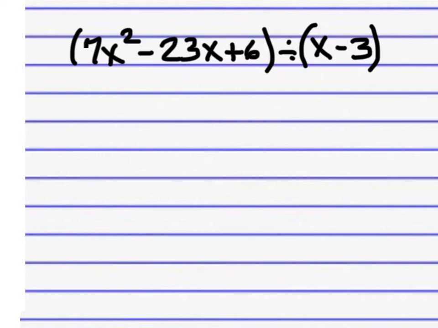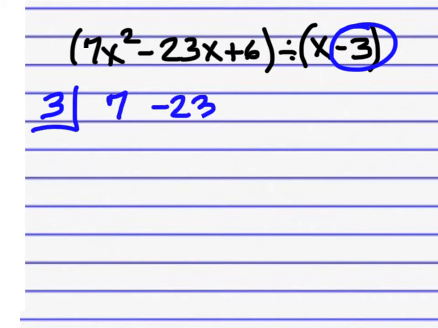Alright, we have a minus 3 there, so we're going to use 3. And then write 7, negative 23, and 6. Now we're going to draw a line, drop the 7, and multiply it by the 3 to get 21.